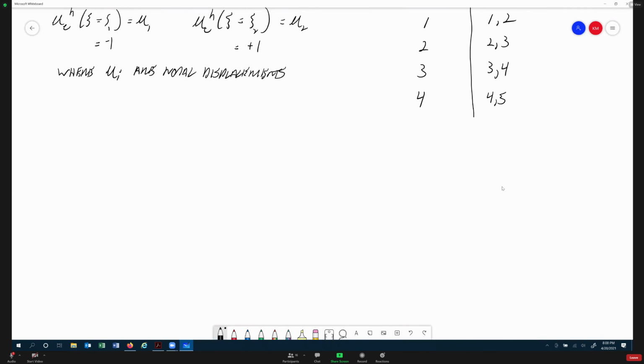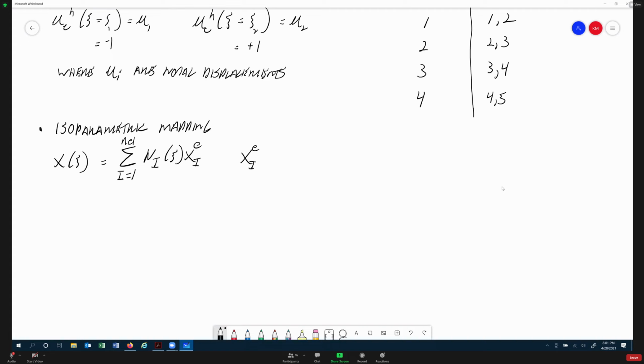Now, ultimately, what we're doing is called isoparametric mapping, where x(ξ) is equal to the sum of i equals 1 to nel of N_i(ξ) x_i^e, where x_i^e are nodal coordinates.